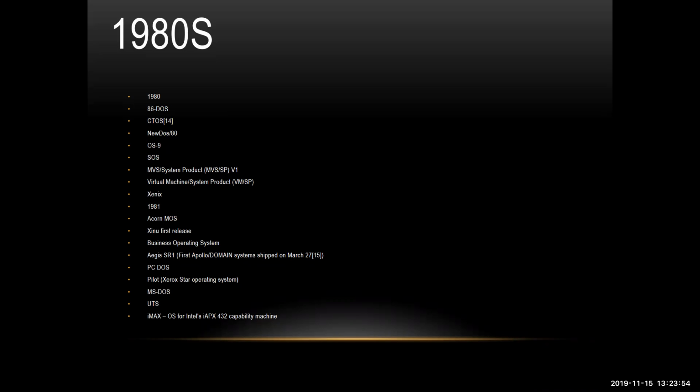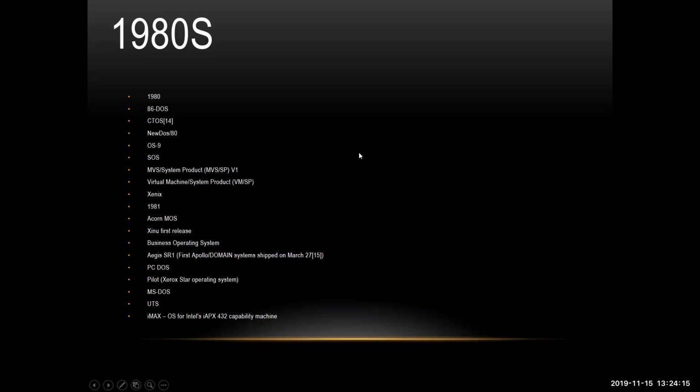And then we also had UTS. It is a discontinued implementation of the Unix operating system for IBM mainframe computers. We also had iMAX, an OS for Intel's iAPX 432 capability machine.